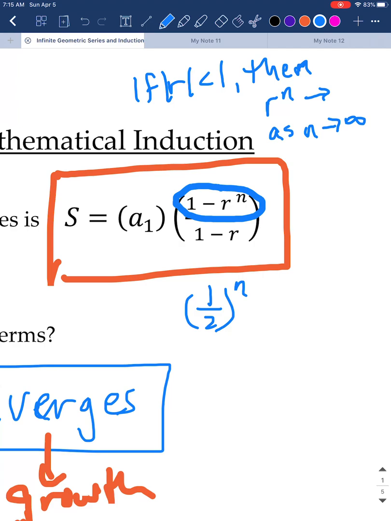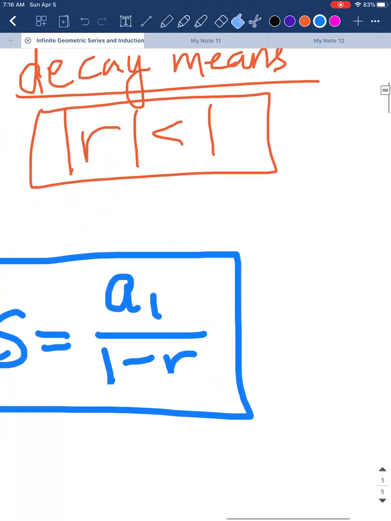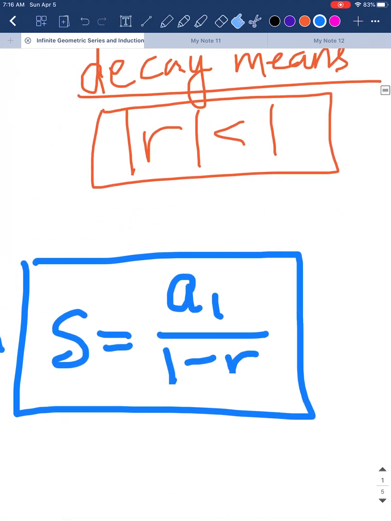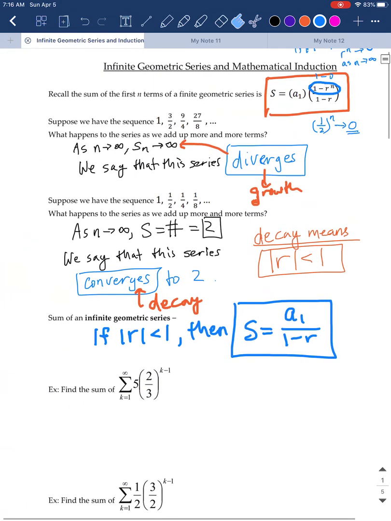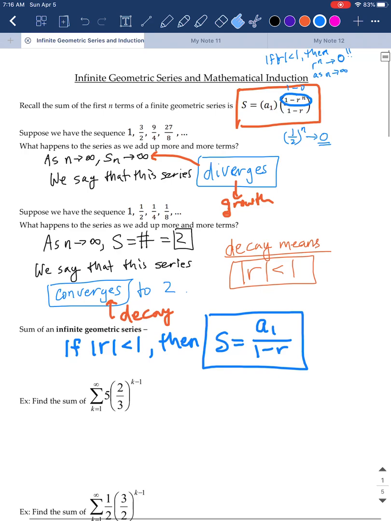Take a moment and think about it. All right, well, if this is getting smaller and smaller as n increases, then it's going to 0. So r to the n goes to 0, which means the top just becomes 1 minus 0, which means we're left with just a sub 1 over 1 minus r, because that 1 minus r to the n is 0. So that is going to give us the sum form of our infinite geometric series.